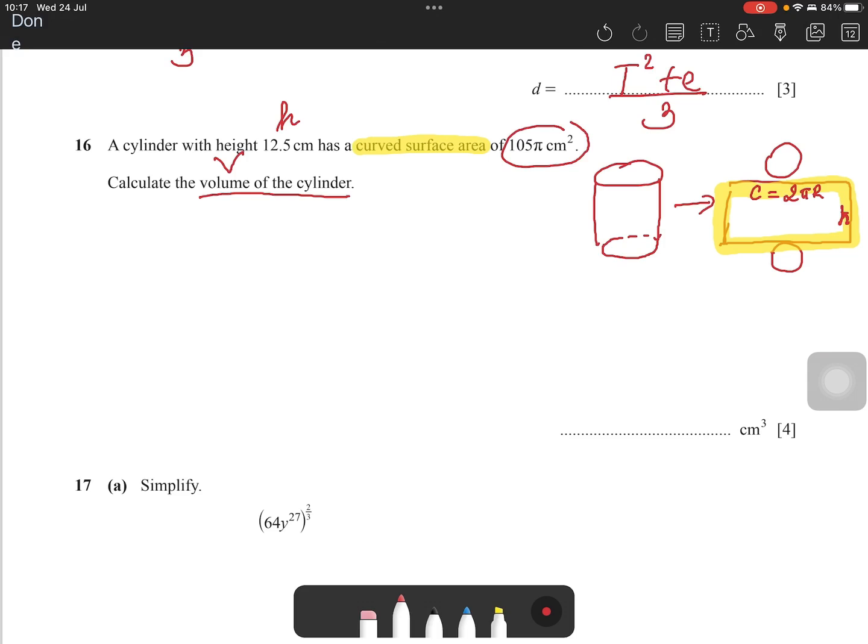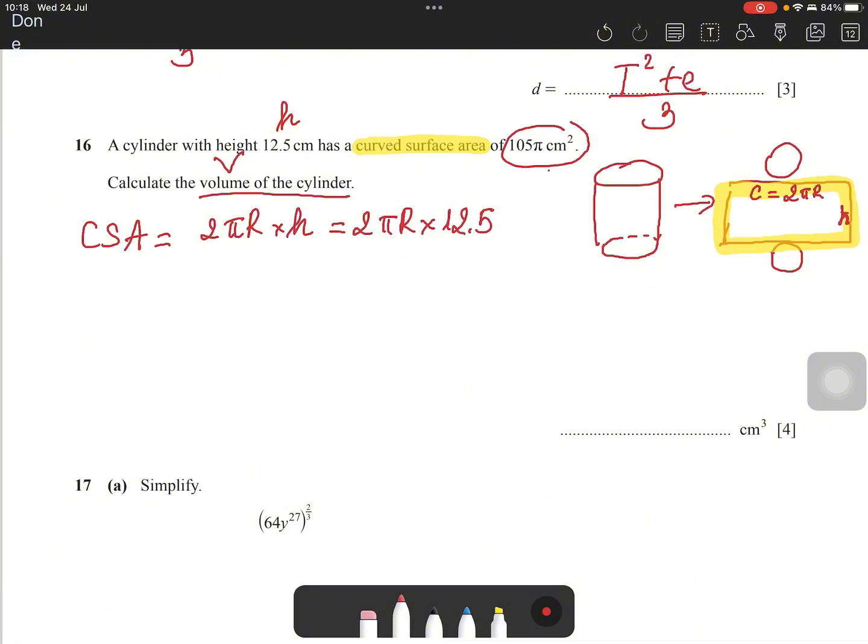So, the curved surface area is equal to 2 pi r times the height, which is 2 pi r times 12.5 centimeters.